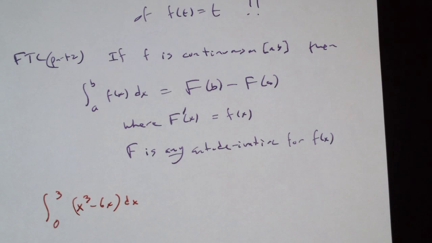When we did this problem on Friday last week, it took us 30 minutes because we had to do all the rectangles and all the sums and all the adding up, and it was a pain in the ass, and it took half an hour. Ready? What is the antiderivative of x cubed?